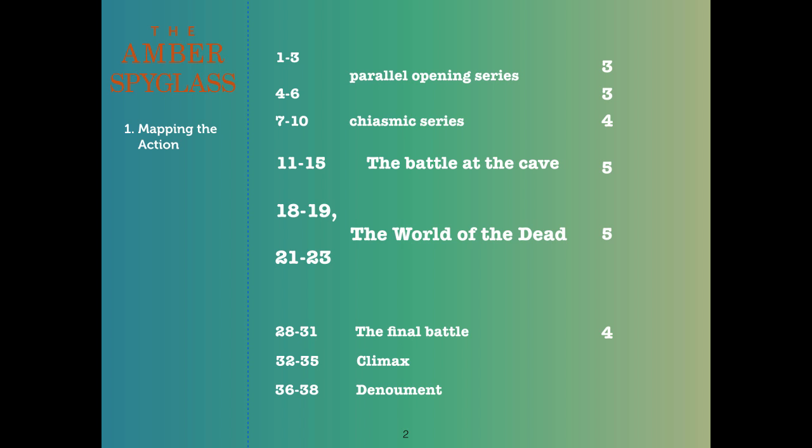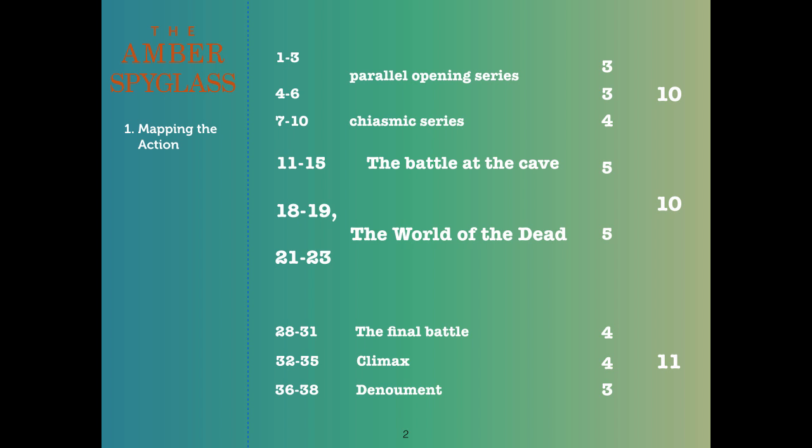The climax occupies 4 chapters, and the denouement 3. The pattern is almost, but not quite, perfectly symmetrical, as these clusters form 3 groups, the first and second composed of 10 chapters each, and the third 11.